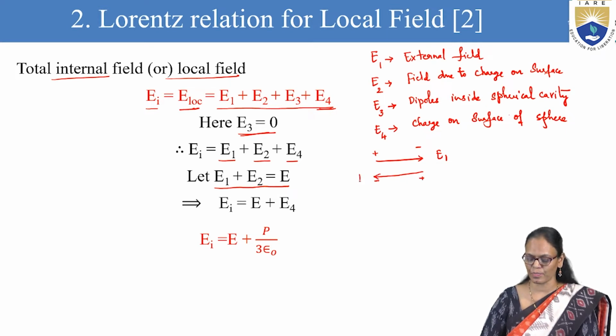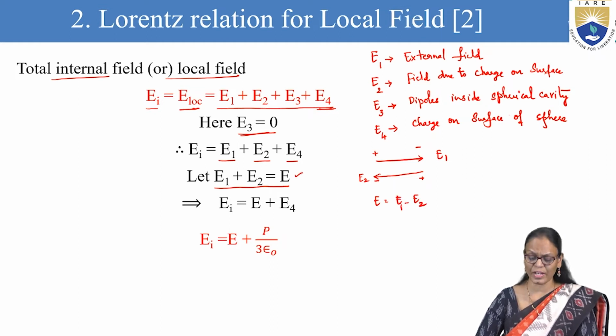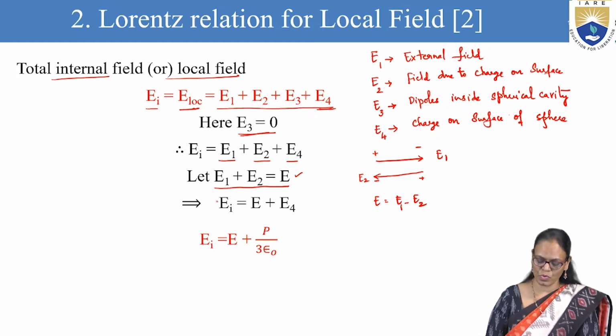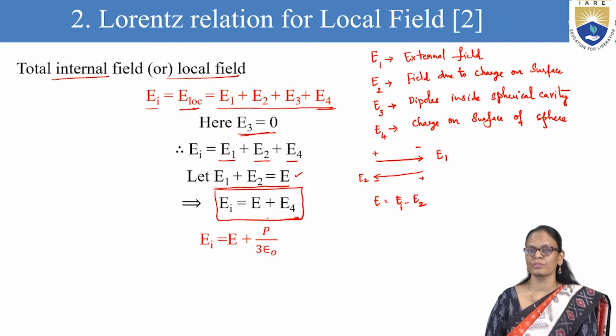This is E2. So the resultant of the two is E equal to E1 minus E2. That is given as E. And E_i is equal to E plus E4.